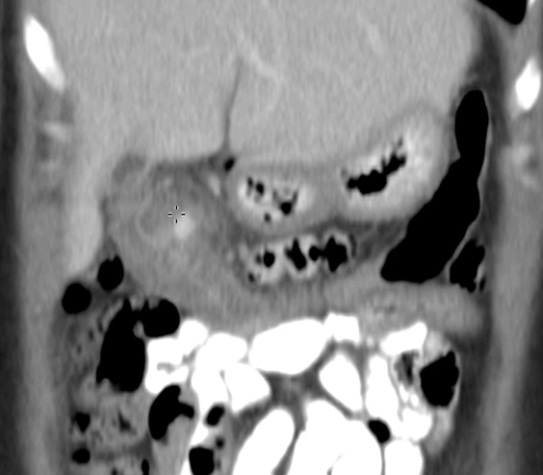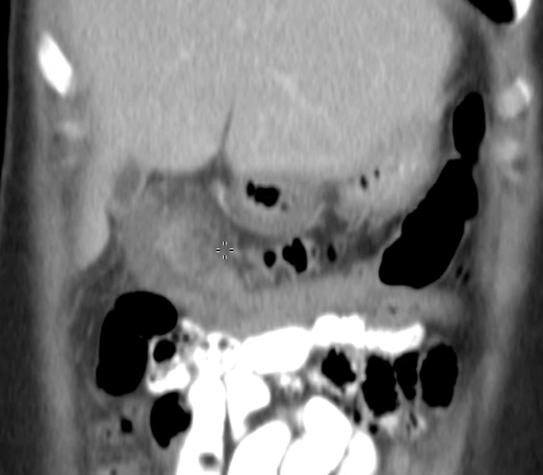So here you have an infected diverticulum. This is diverticulitis. It produces thickening of the bowel wall, and when severe enough, produces edema of the adjacent soft tissues. So that's what we're seeing here.